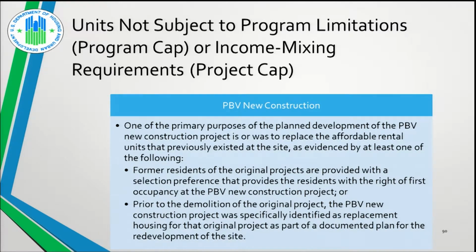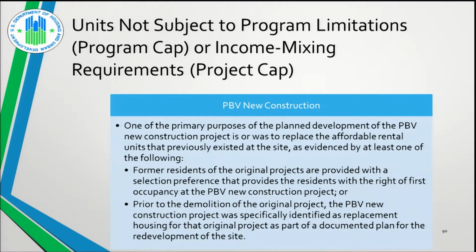The third requirement is that one of the primary purposes of the planned development of the PBV new construction project is or was to replace the affordable rental units that previously existed at the site, as evidenced by at least one of the following.